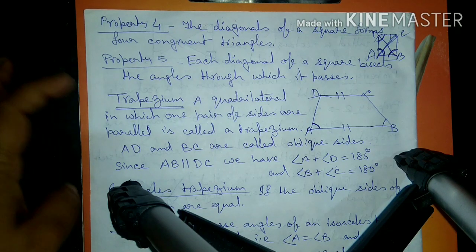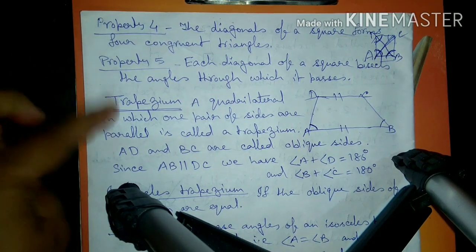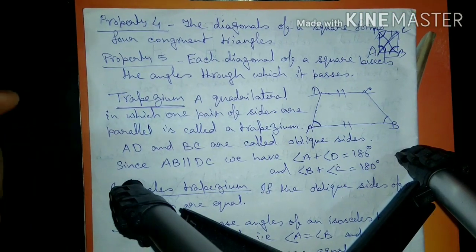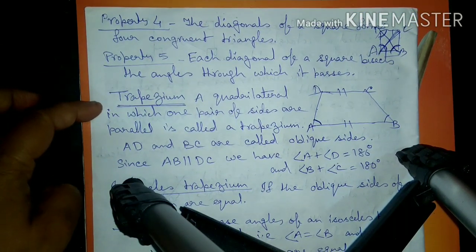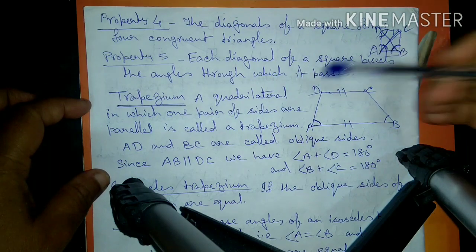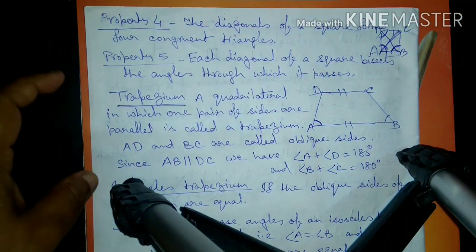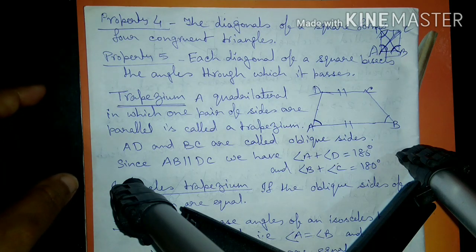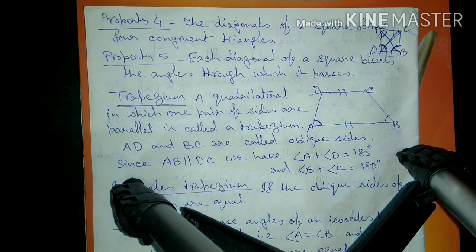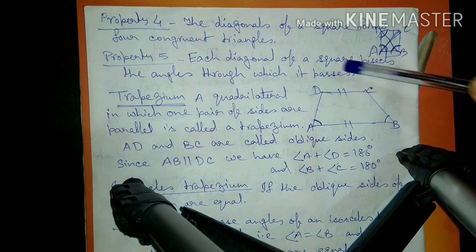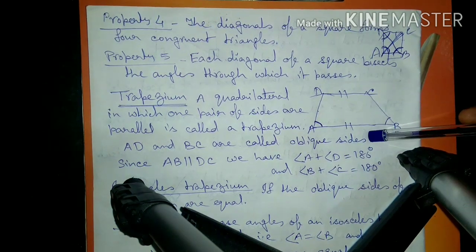Clear? And then another quadrilateral is the trapezium. What is a trapezium? It is a quadrilateral in which one pair of sides is parallel. In a parallelogram we have seen all the opposite sides are parallel, but in a trapezium only one pair is parallel.